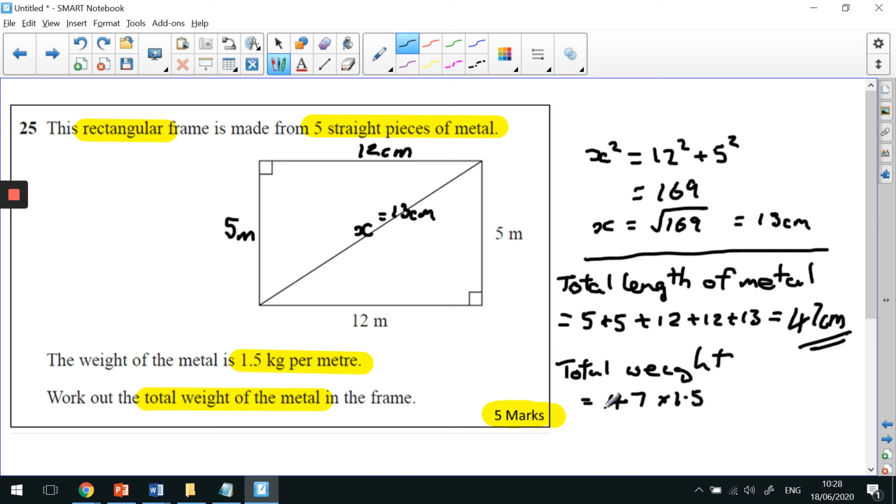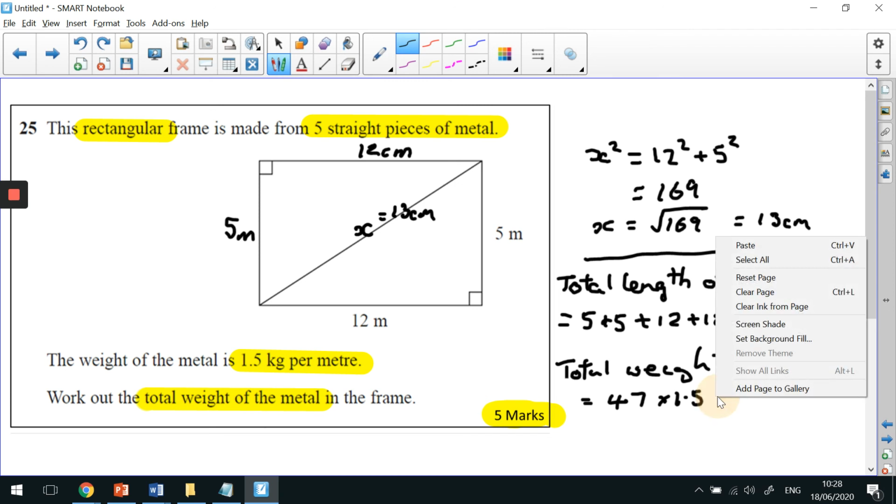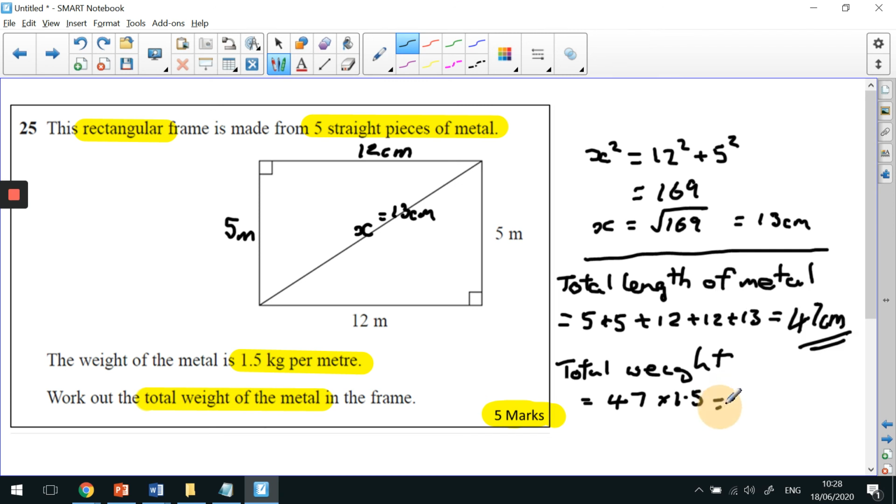So if it's 1.5 for every metre, and I've got 47 metres, then the answer is going to be 47 multiplied by 1.5. So I do that on my calculator, and I get 70.5 kilograms.